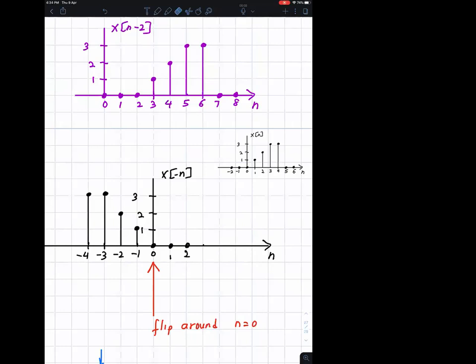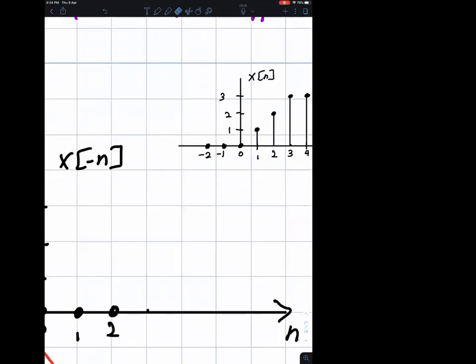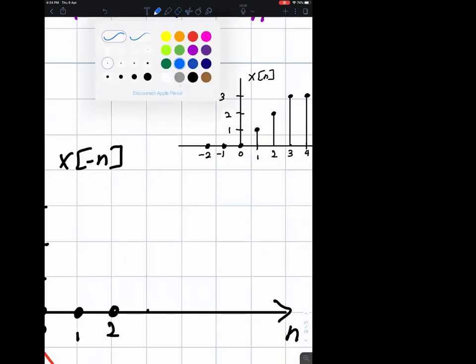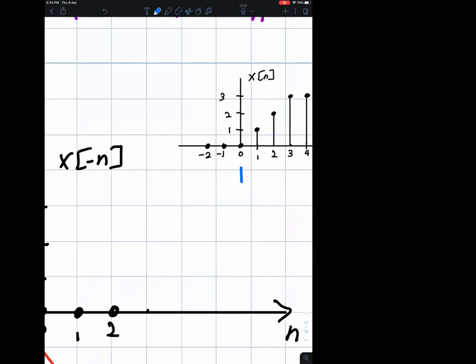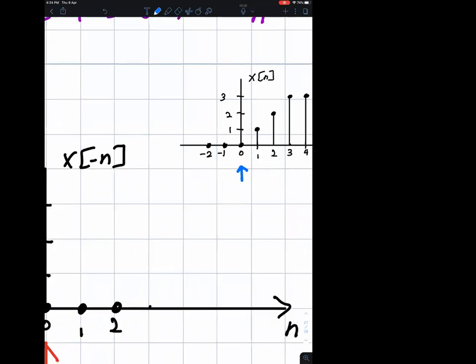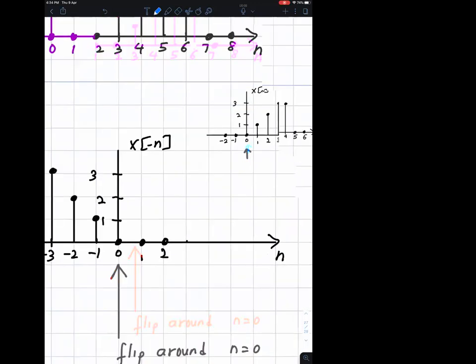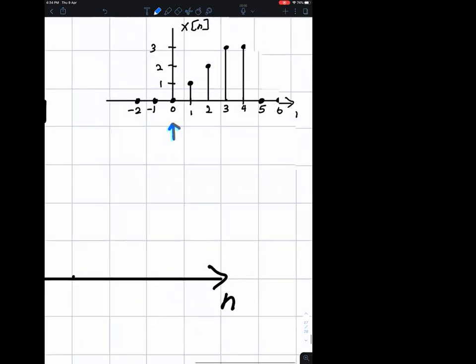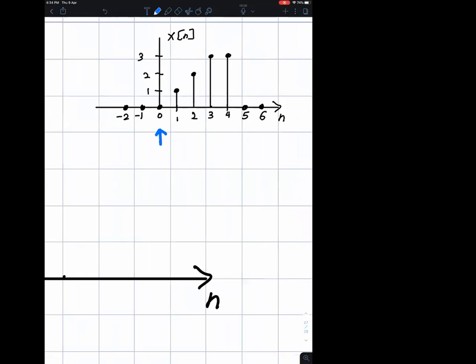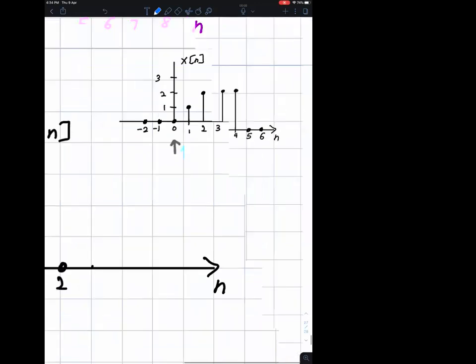Okay, when you flip around this 0, what happens is -1, -2 becomes +1 and +2. But here on this side, +6 becomes -6, correct? So this is not done yet.